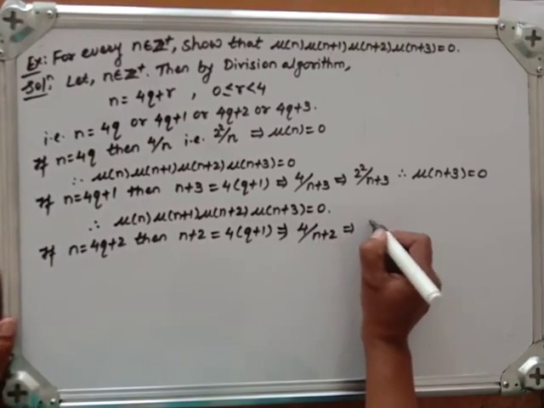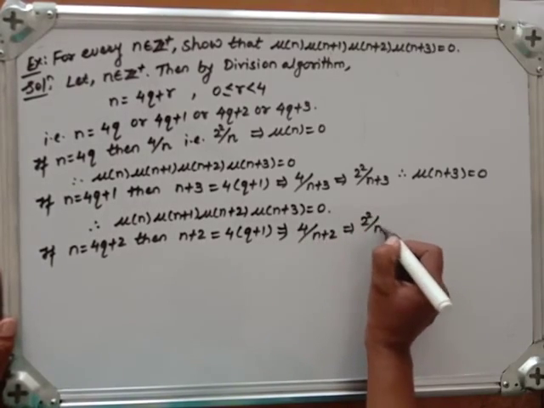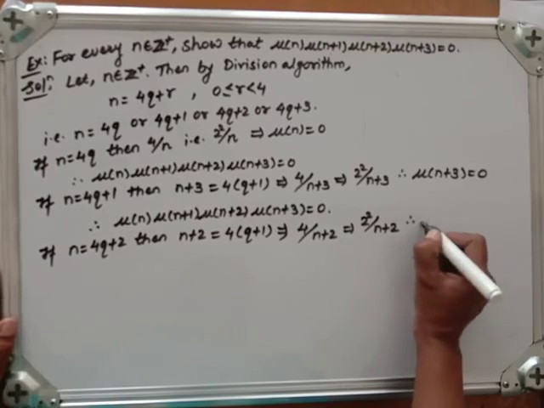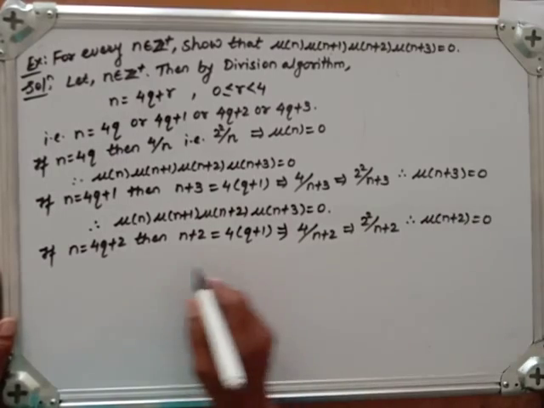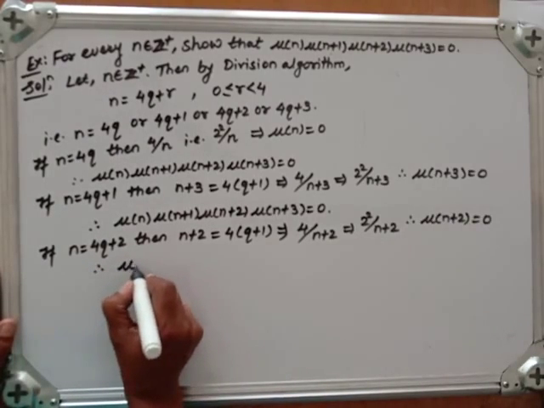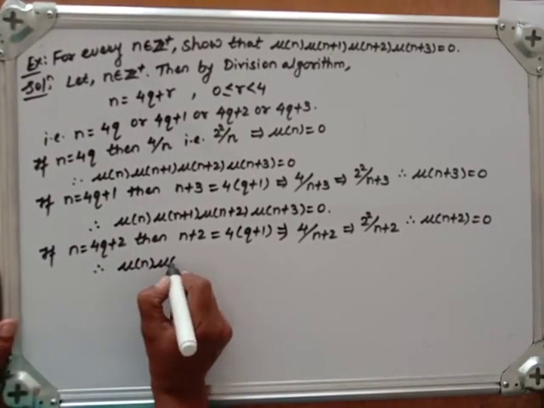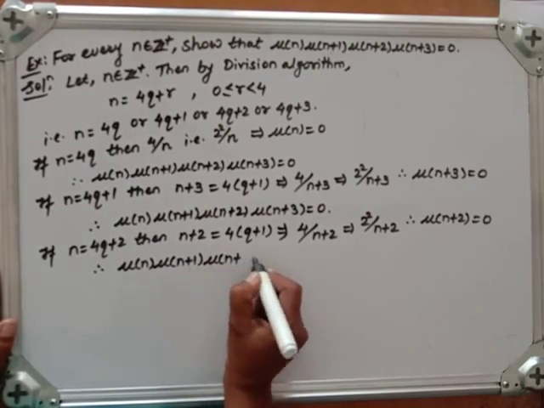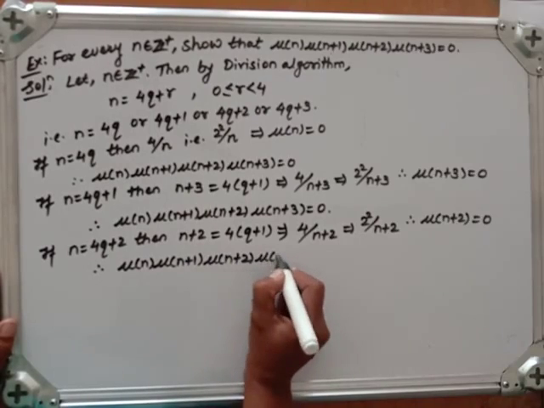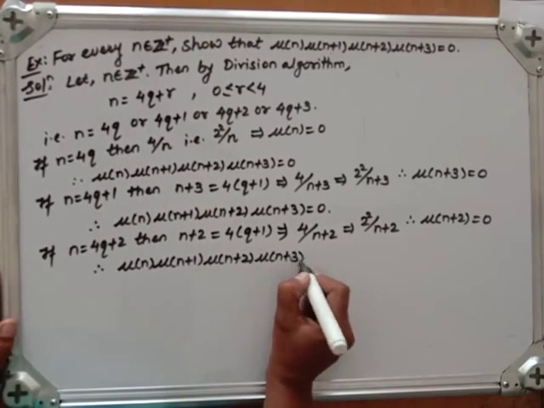So that will be 2 square divides n plus 2. Therefore, mu of n plus 2 is equal to 0. Therefore, the product of mu of n, mu of n plus 1, mu of n plus 2, mu of n plus 3 is 0.